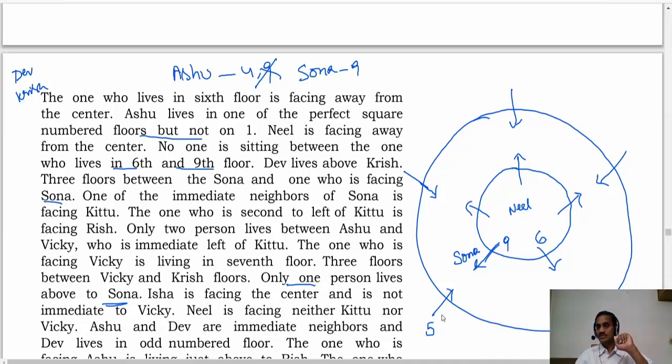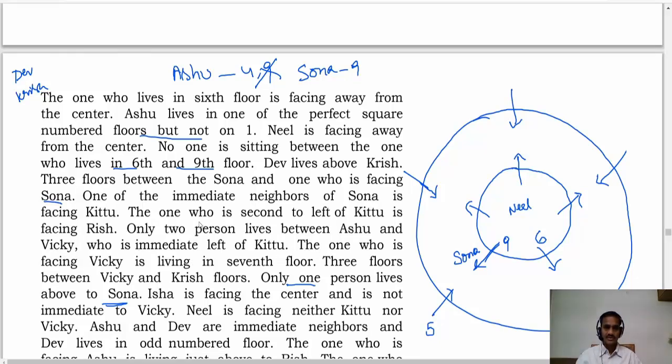From 9 take away 3 floors: 8, 7, 6, and the one before is 5. Hence 9 and 5 are opposite to each other.